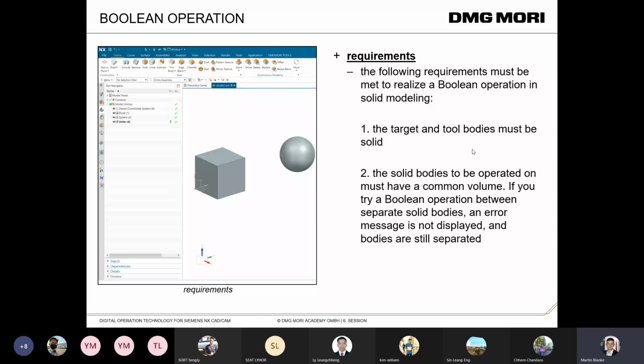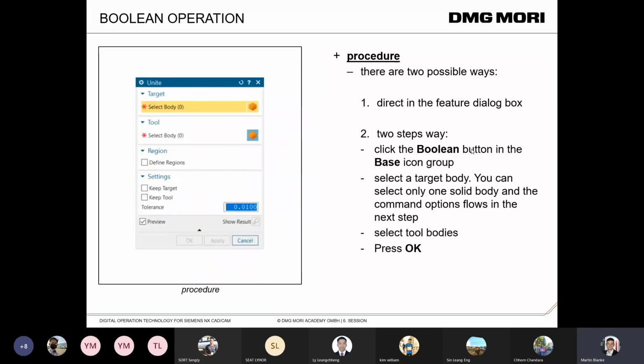All right. So let's talk about the workaround, about the process. There are two possible ways. The first one is directly in the feature dialog box. In a few minutes, we will take a look into the feature dialog box.